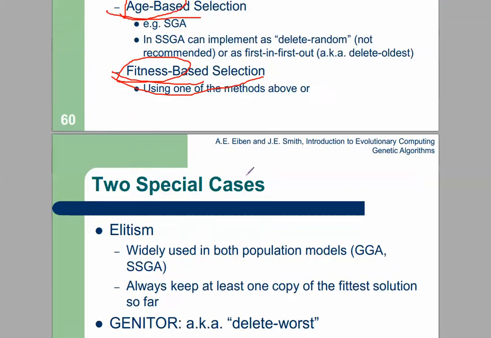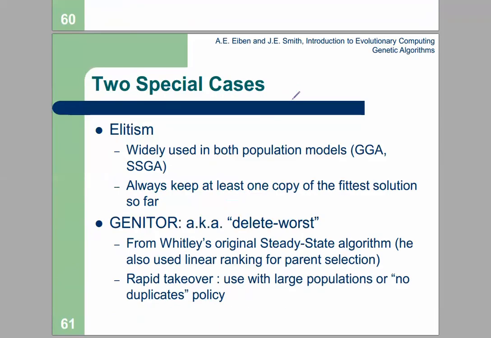A special case of survival selection is elitism. Elitism means selecting the best element. So we have a population that is a combination of parents and children. We calculate the fitness of all of the parents and children and select the highest fitness.